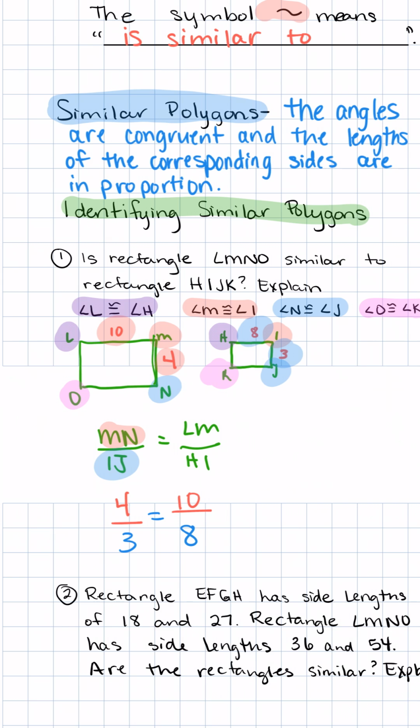Okay, so what we want to do now is cross multiply. 3 times 10 equals 30, and 4 times 8 equals 32.